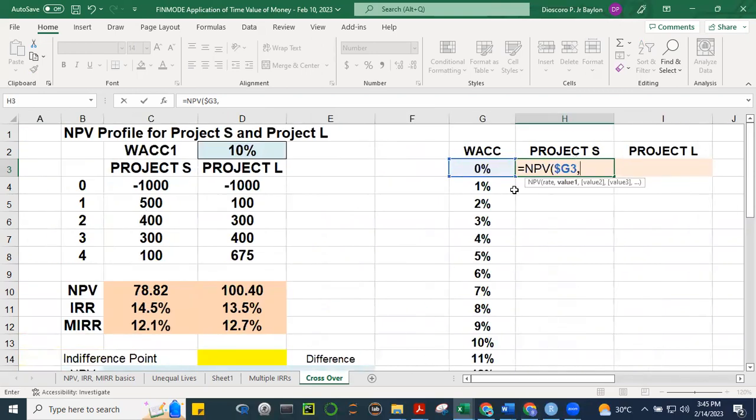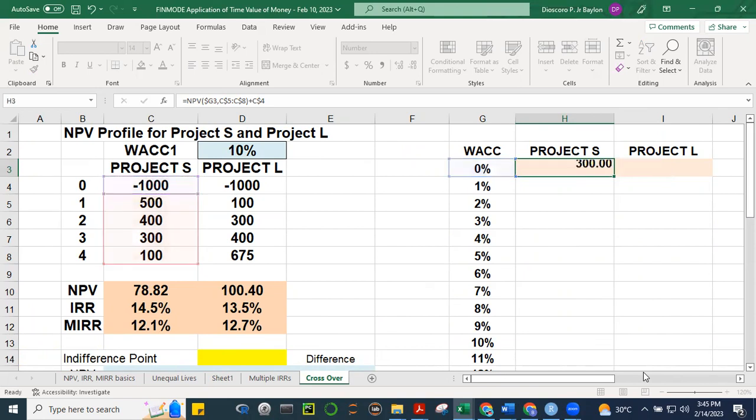Si Project S. Okay, ito. Then I'm going to fix si row, kasi kakopy ko yung formula pababa, no? So dapat naka-fix si row. Tama? And then I add the initial investment. I fix ko din si row. Yan.